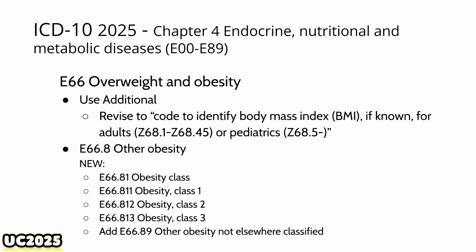And then continuing, overweight and obesity. One of the big changes with obesity is that they have added different levels for the percentages for the different classes. That was something that happened earlier in the year that you may have noticed in the ranges you're diagnosing patients at.